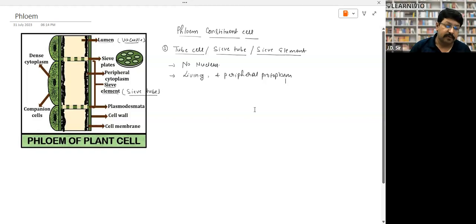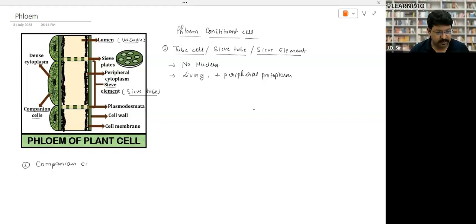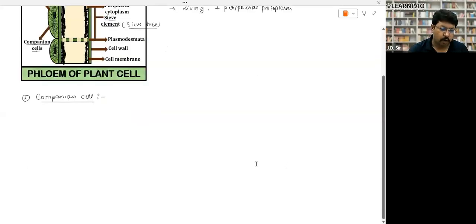So basically their functionality is controlled by these cells. These are the companion cells. You can see companion cells. So the second component of the phloem is the companion cell. Companion cells have the proper protoplasm, they have the proper nucleus, right?